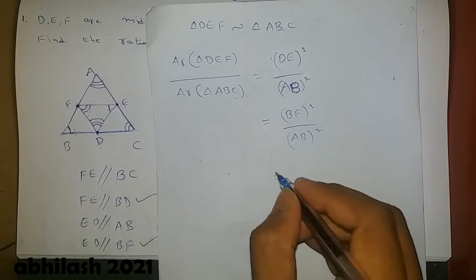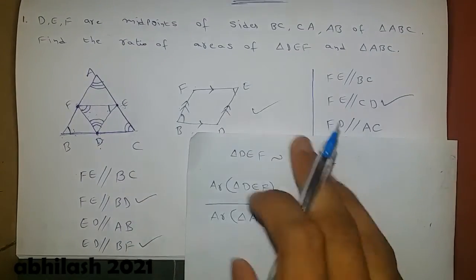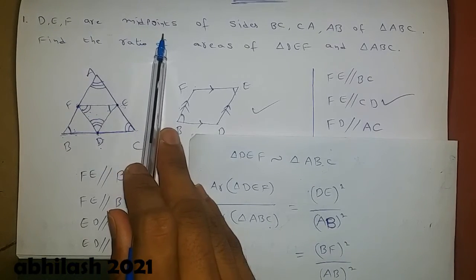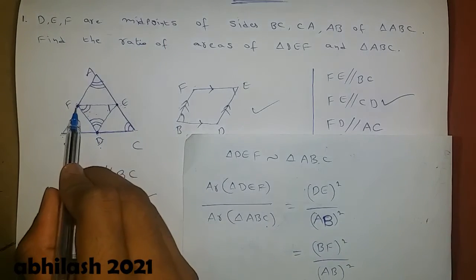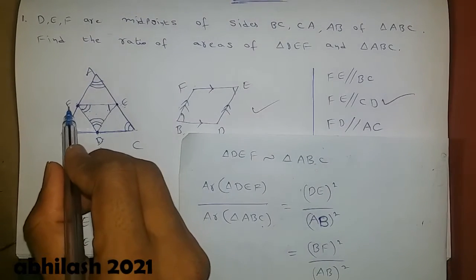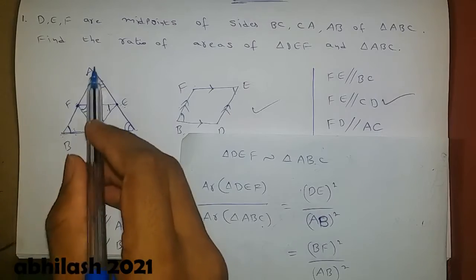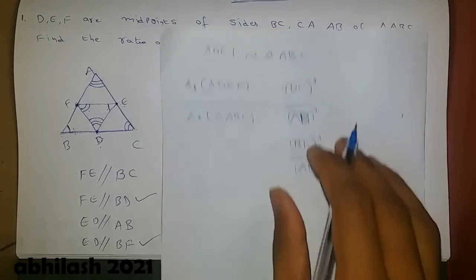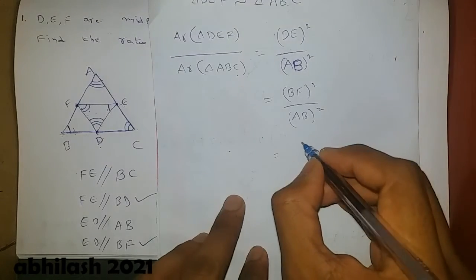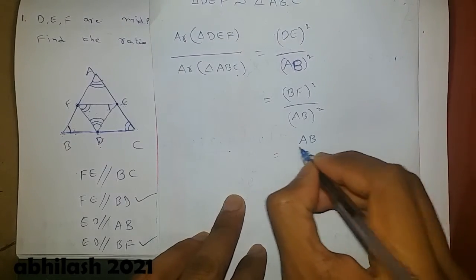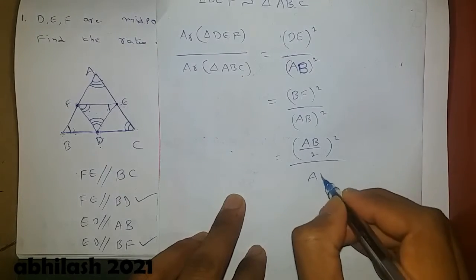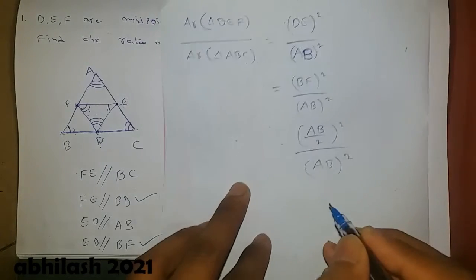Next, now already in the question itself he clearly mentioned D, E, F are midpoints. So F is the midpoint of AB. Then this BF can be written as half of AB. So BF is nothing but half of AB, that is AB by 2 whole square, divided by AB whole square.